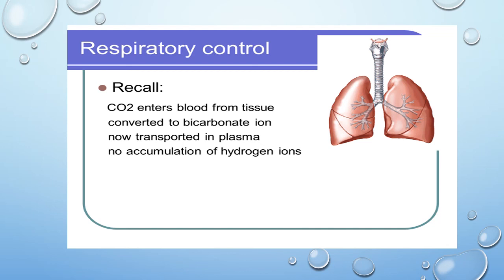Remember, in acidosis the pH is low. The respiratory center increases respiratory rate, so more CO2 is pushed out. Therefore, pH will rise back to that 7.35 to 7.45 range.